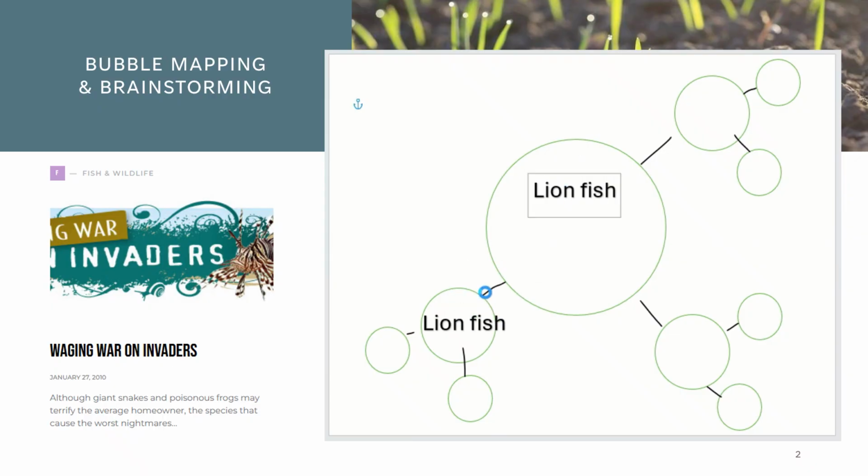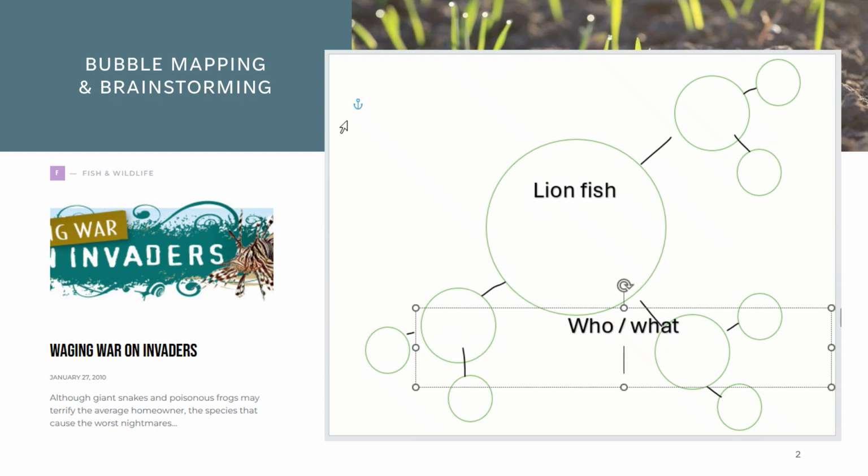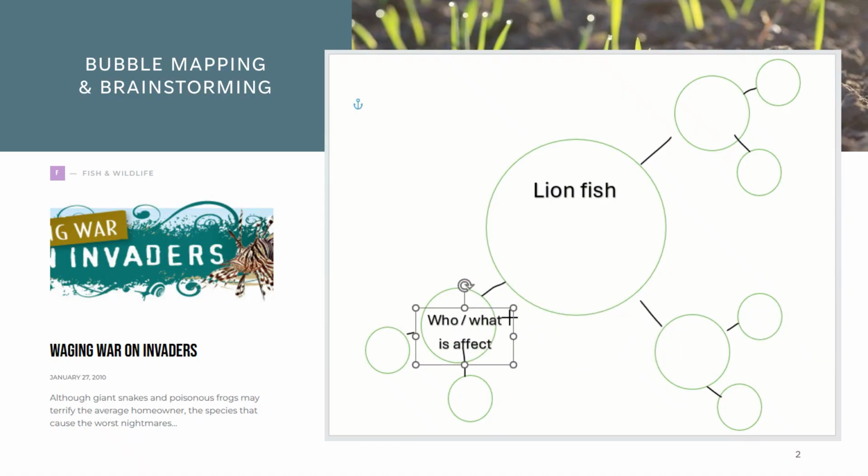And then in each of these smaller ones, we're going to say who or what is affected. Shrink this size down some. So we want to consider who or what is affected by this problem. Again, you want to consider from your article what the actual problem is, as opposed to maybe your article talking about a solution.